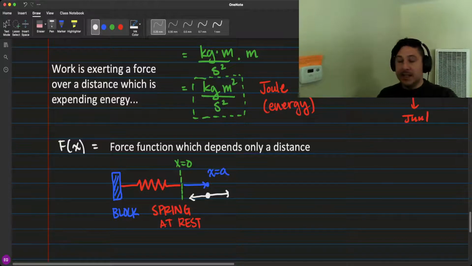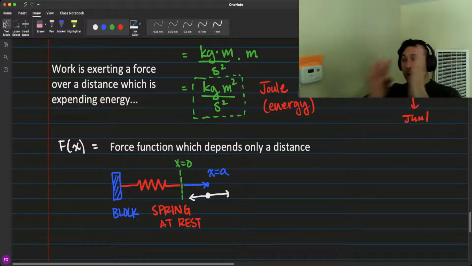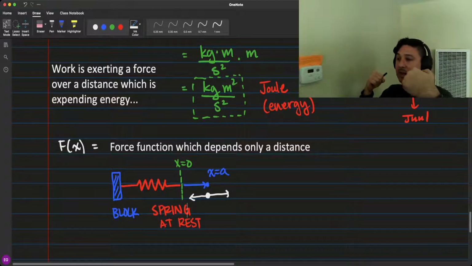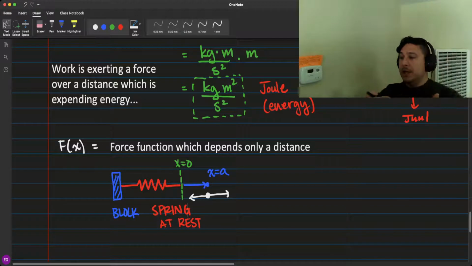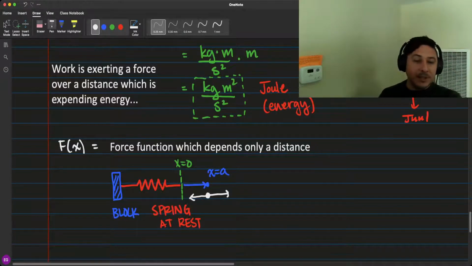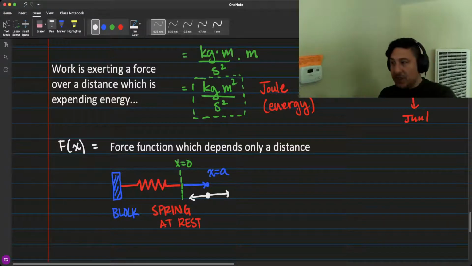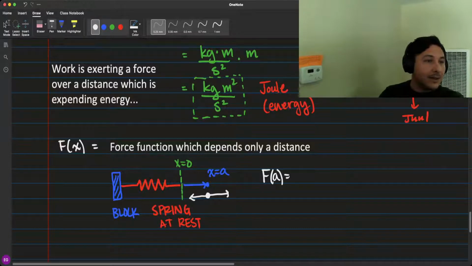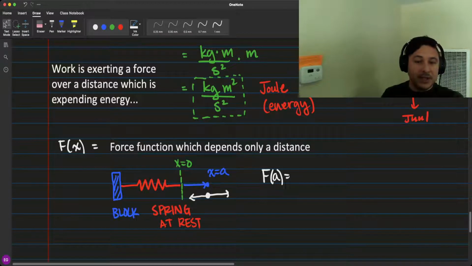So let's say you pull the spring to x equals a. You're exerting a force to pull it, and the spring is exerting a force to pull back, and they remain at equilibrium. And the amount of force with which the spring is pulling back is equal to F of a, because we pulled it to x equals a.